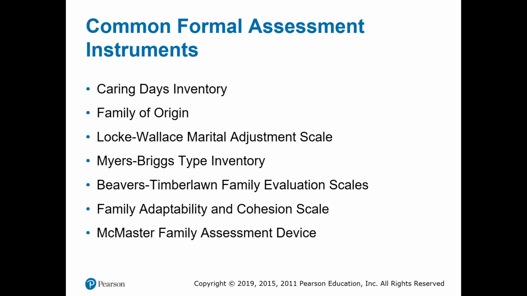Common formal assessment instruments that are used: Caring Days Inventory, Family of Origin, the Locke-Wallace Marital Adjustment Scale, Myers-Briggs Type Inventory, Beavers-Timberlawn Family Evaluation Scales, the Family Adaptability and Cohesion Scale, and the McMaster Family Assessment Device. So these are commonly used, but again, not an exhaustive list of assessment instruments because, as mentioned, there are more than 1,000 instruments out there.